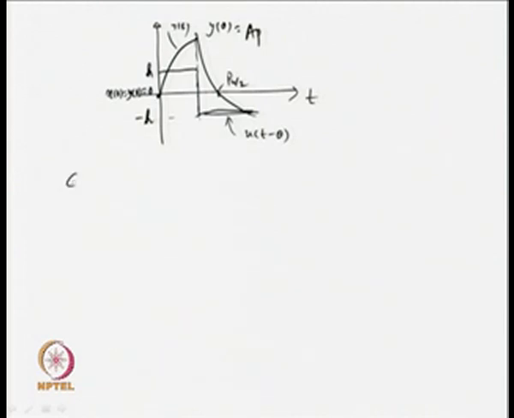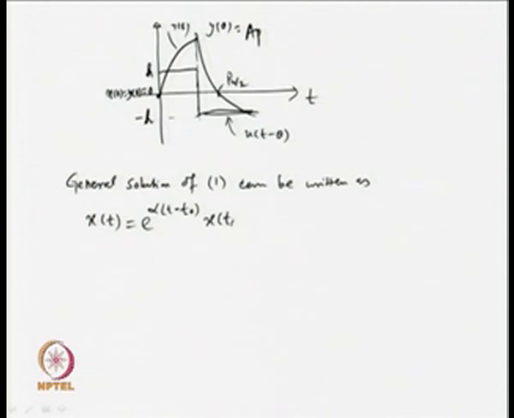Now, we know that the general solution of the standard state equation given in 1 can be written as x t is equal to e to the power alpha t minus t 0 x t 0 plus integration from t 0 to t e to the power alpha t minus tau beta u tau minus theta d tau.